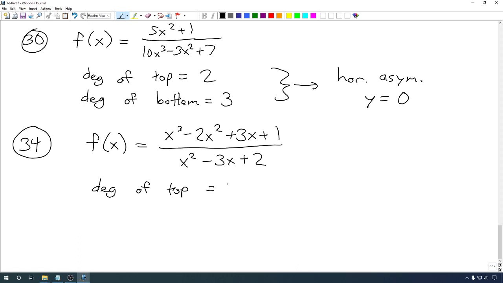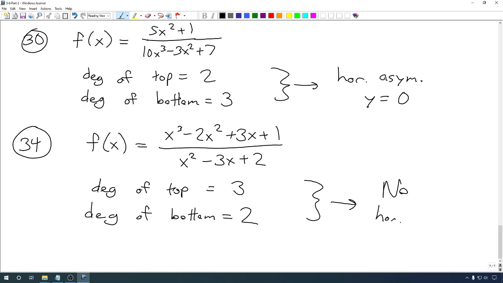It's an x cubed, so we have a 3. The degree of the bottom: this time, our biggest power of x is an x squared, so we have a 2. This time, 2 is less than 3. The degree of the top is bigger. And so that immediately says that there is no horizontal asymptote. And again, that's all we have to say.